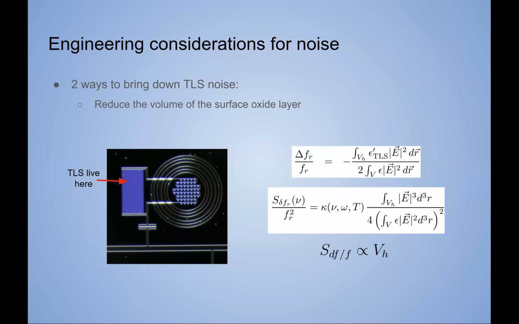You put down this dielectric, which is mostly a crystalline silicon thing and not really disordered, but you have a small disordered layer which hosts these things. So one strategy is to decrease the volume of that layer. Also, and I'm not going to derive this, the noise spectral density scales as 1 over the electric field strength. So if you increase the field strength, the two-level systems saturate into a more stable state, and they're not going to fluctuate as much.